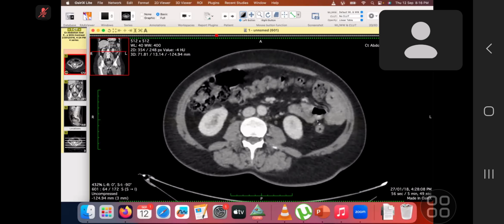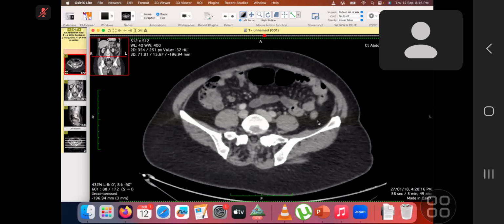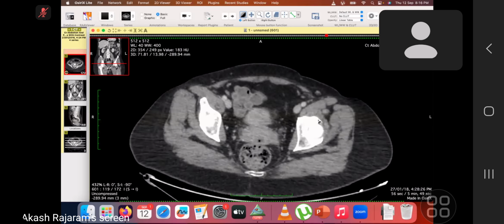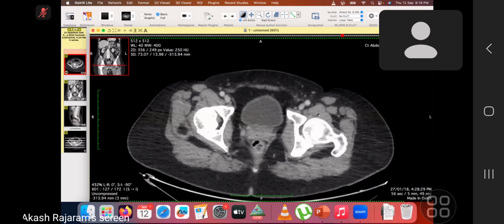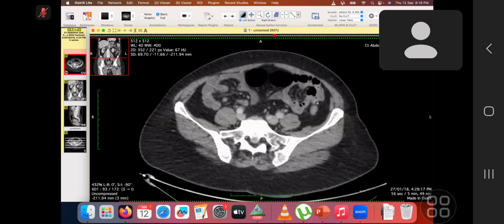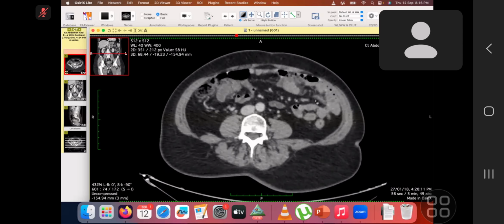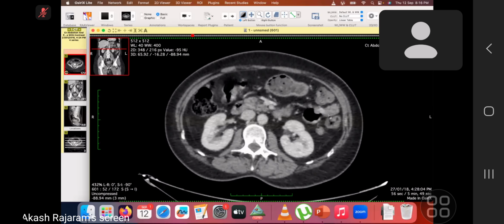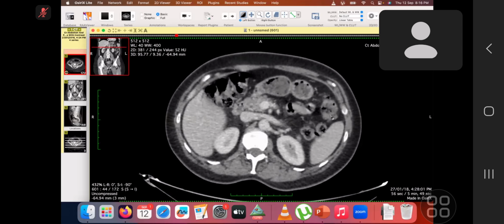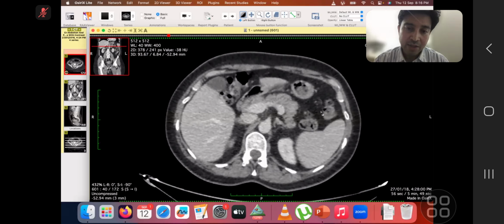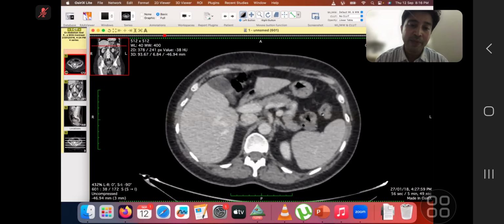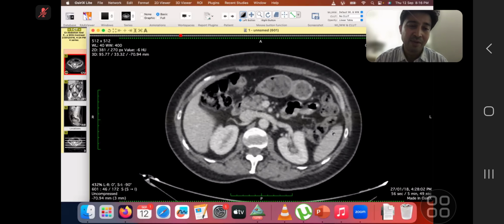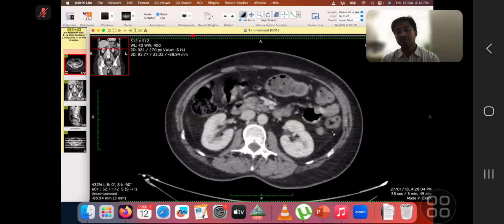The patient is feeling some lump on the left side of the abdomen. She feels like there is some swelling and she has some discomfort.